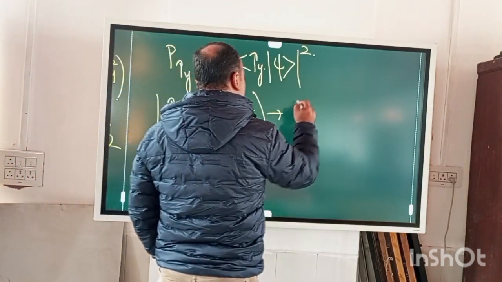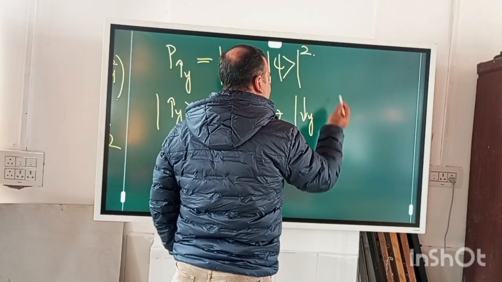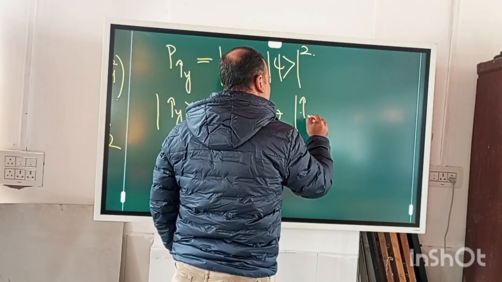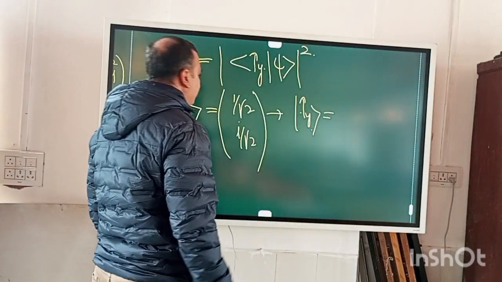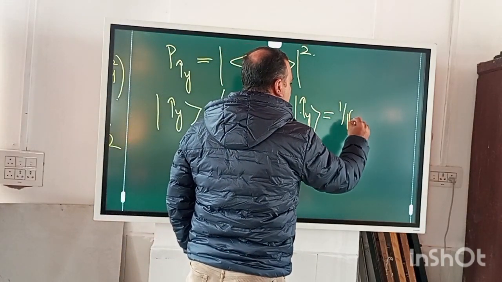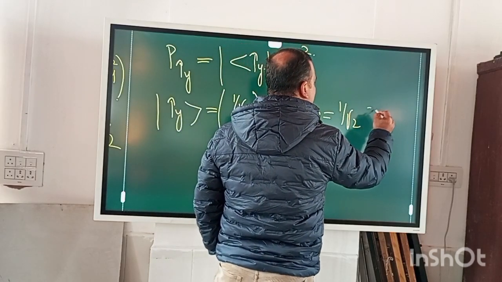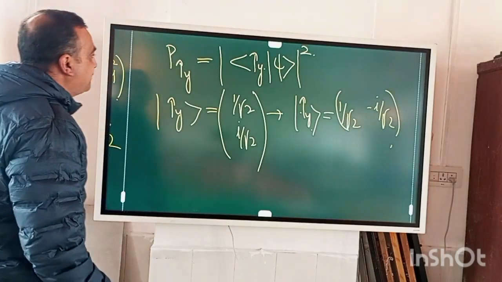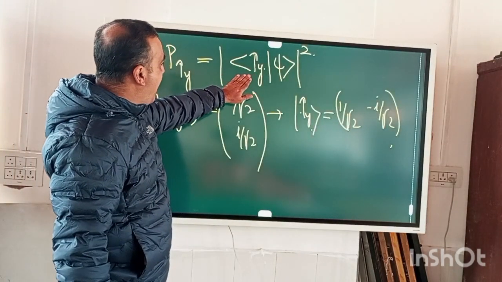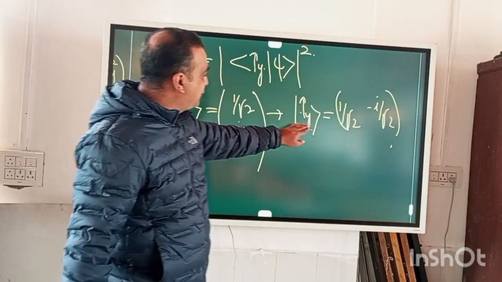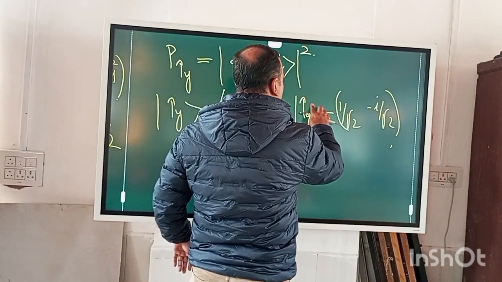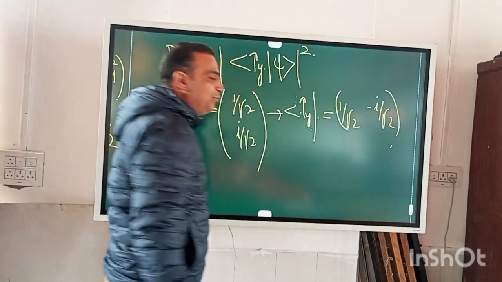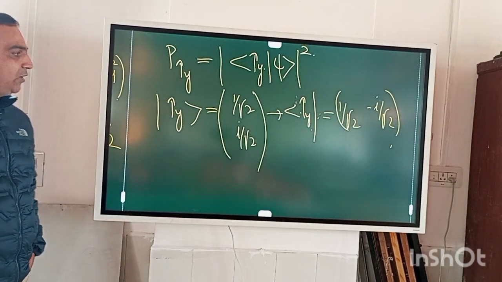So the bra of spin up along y is going to be 1 by root 2 and minus i by root 2. Fine. So we have the bra of spin up along y, and we have to act this. I'm sorry, this has to be the bra of spin up along y.